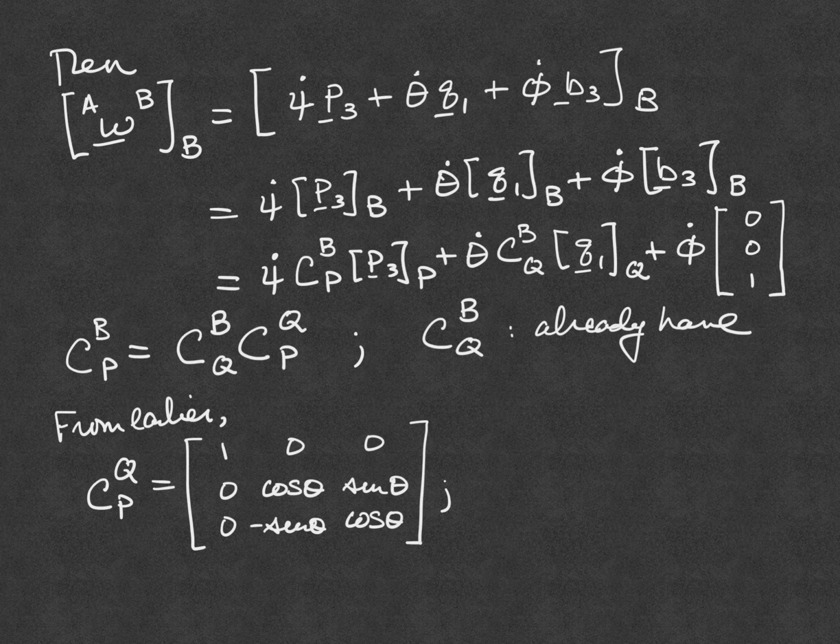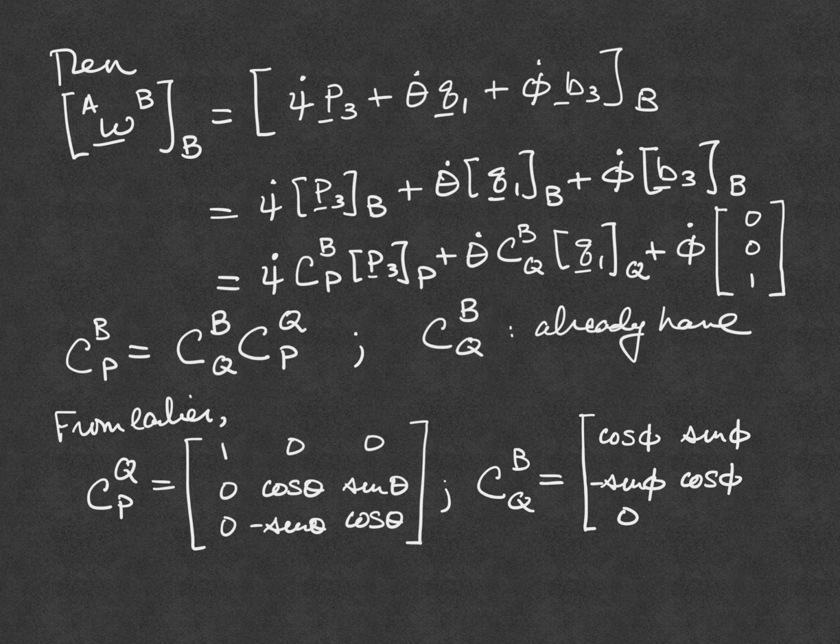And also, the transformation from Q to B is equal to cosine of phi, minus the sine of phi, 0, sine of phi, cosine of phi, 0, 0, 0, 1. So now let's use these two transformation matrices to compute the first term in the angular velocity expression that we have above.